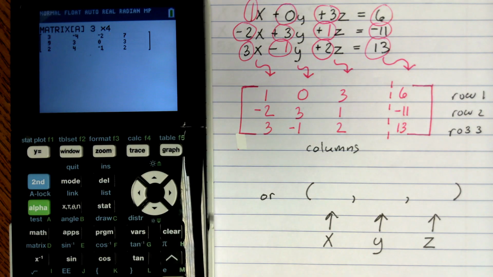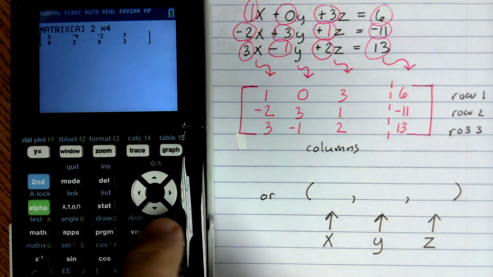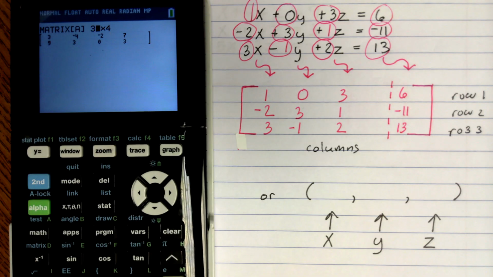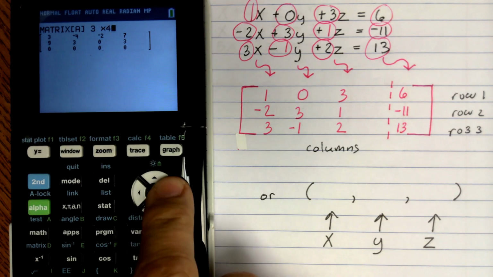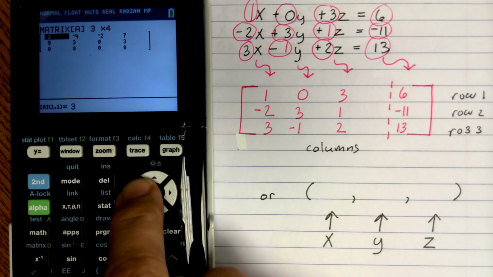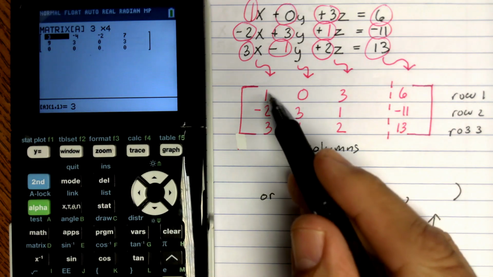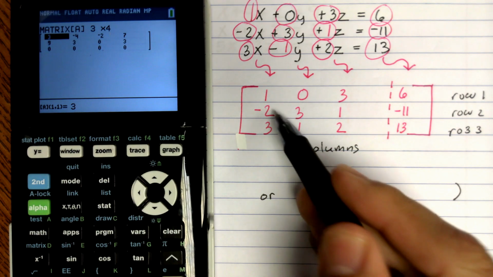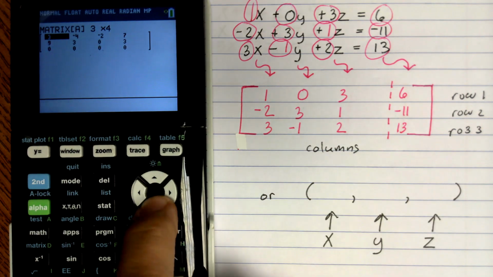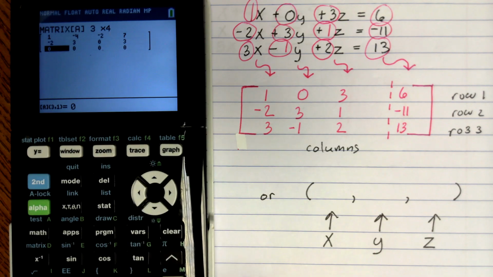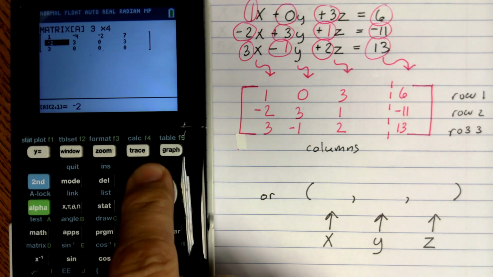These are our columns. So this is really set up already. Now if you needed to change it, let's say you had a different amount, you can say, oh, well, I only had 2 rows, and it'll shorten it to 2. But since it is correct, I'm going to leave those values there. And I'm going to just replace the numbers that you see inside of it. So in this first column, I have 1, negative 2, and 3.